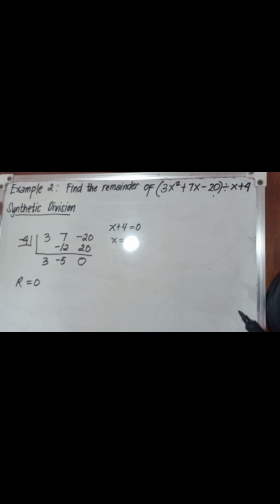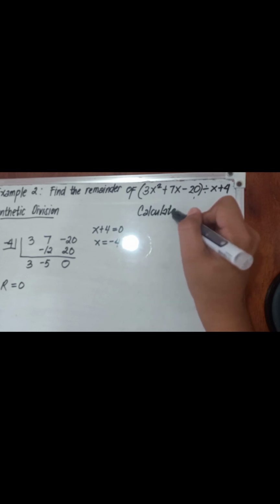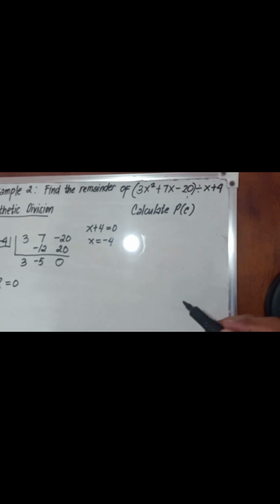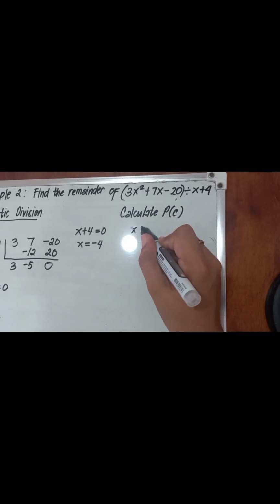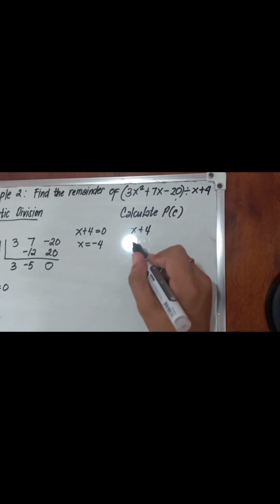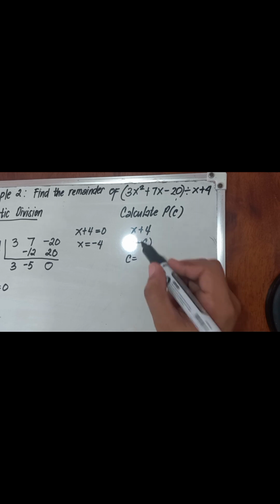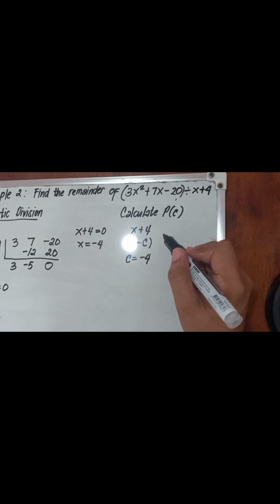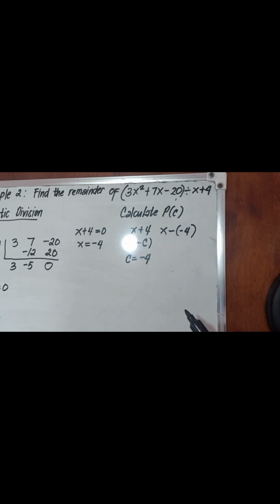Now let us calculate P of c by substituting c for x. Our divisor x plus 4 is in the form of x minus c. Since this is a positive sign, our c is negative 4, which is just equal to x minus negative 4.